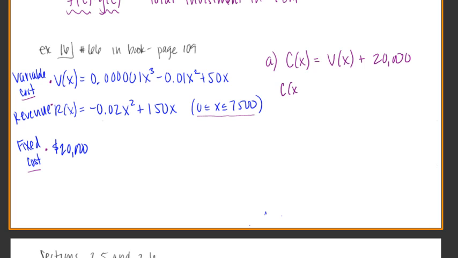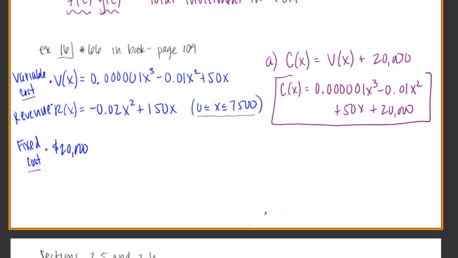So if we write this out in an exact equation, it's going to be 0.000001x cubed minus 0.01x squared plus 50x and then plus 20,000. And there were a lot of zeros in this one.